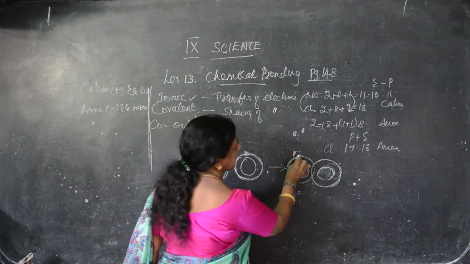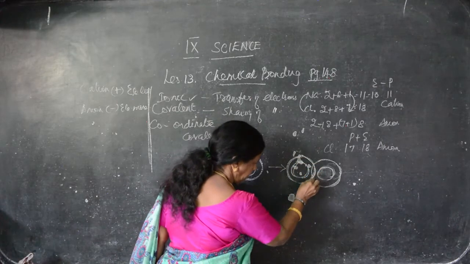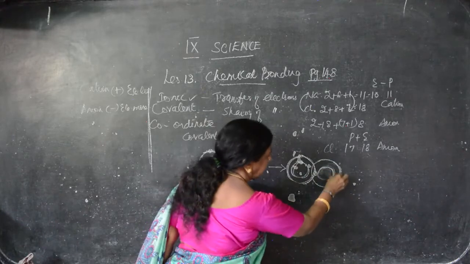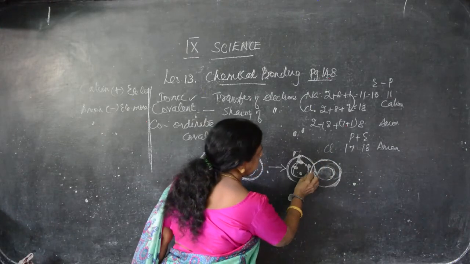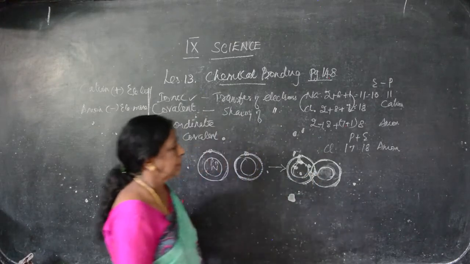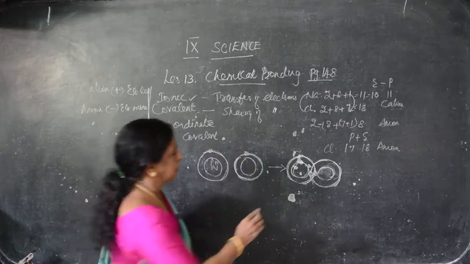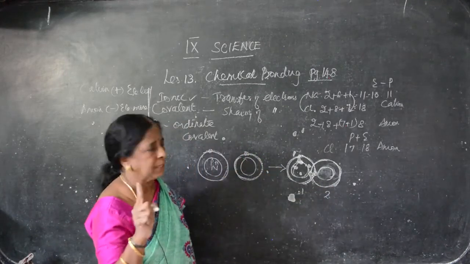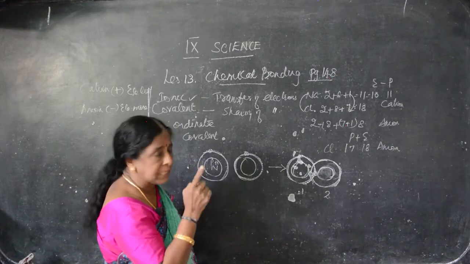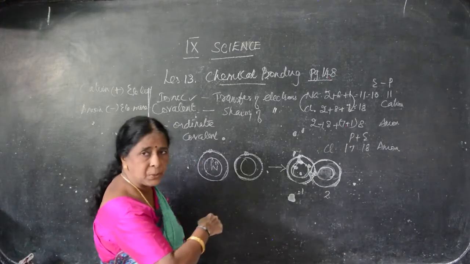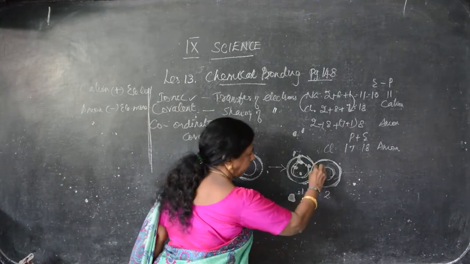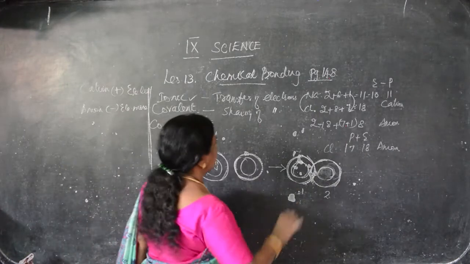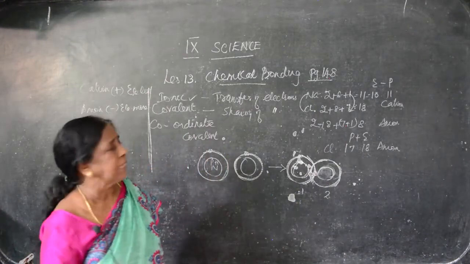Here one electron, and here another electron. So they are sharing. This is the first hydrogen, this is the second hydrogen atom. First hydrogen got only one electron, that is shared with the second. Second hydrogen got only one electron, that is shared with the first. They are joining like this, this is A, this is B.